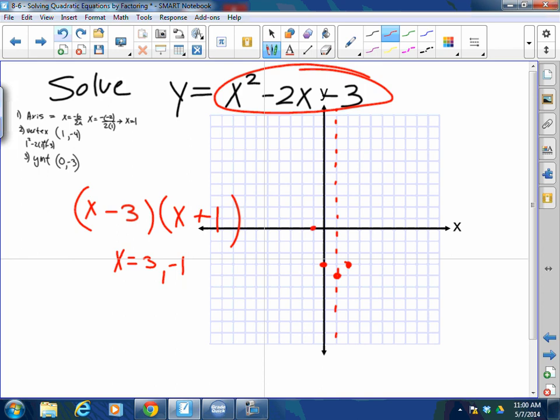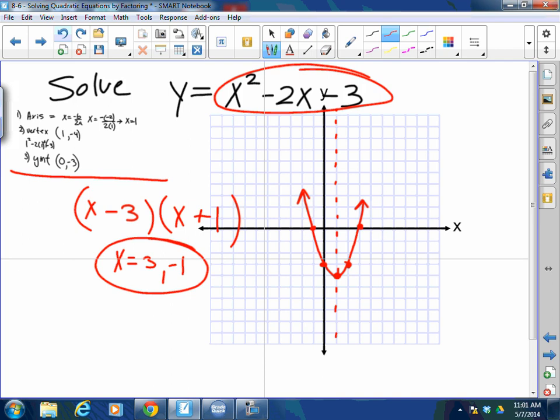So these are my zeros, and that is the proper graph. So what we're doing today has everything that we've learned up to now, but now it's adding the actual solutions. We're going to solve for the solutions algebraically, so that we can really graph it truly accurately. Does that make sense? That's what we're doing today.